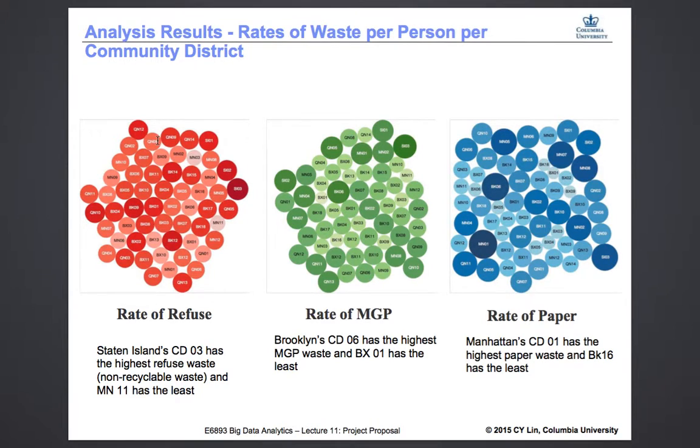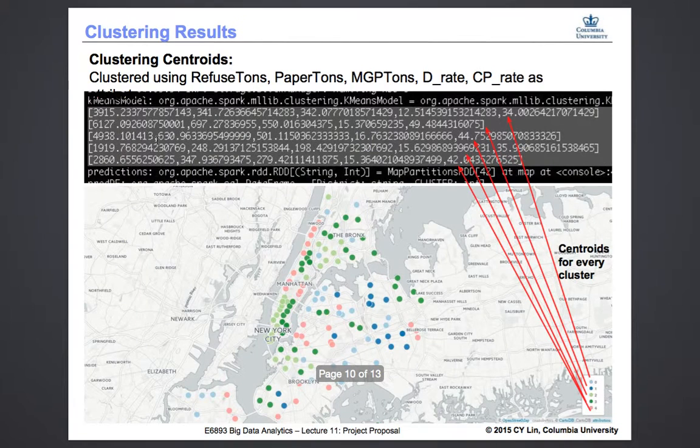And this is another analysis where we plotted the rate of refuse per person per community district, the rate of MGP, that's metal, glass, plastic, and the rate of paper. We realized that certain community districts have higher refuse waste compared to the others, and similarly for MGP and paper. And what we did with this is now going to be explained further.